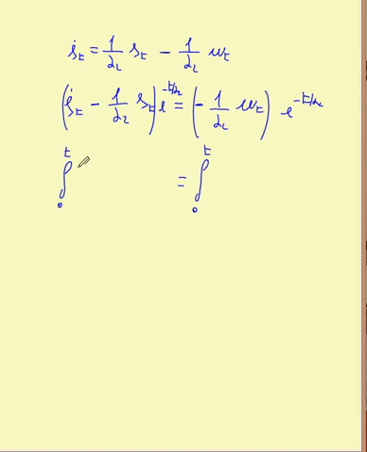And this part becomes the derivative of s. We call now time v, because t is the extreme of integration. So we need to use another variable, but it represents time, okay?